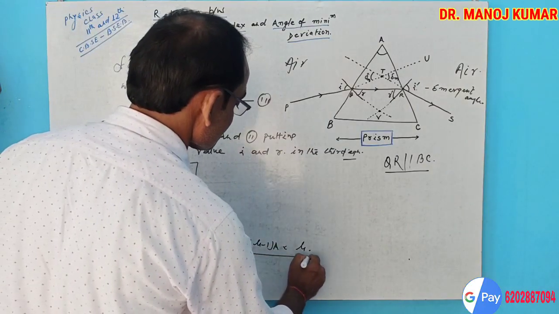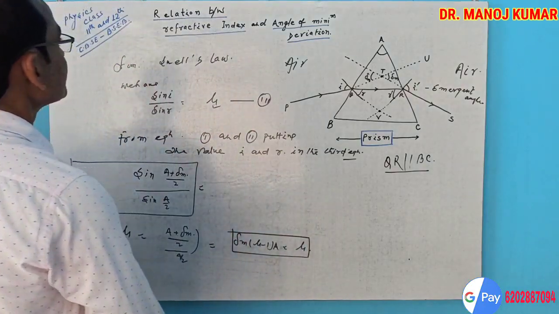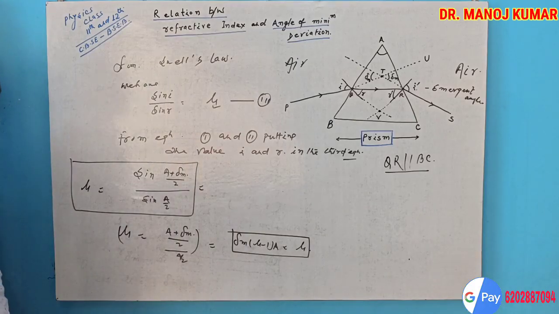This is the relation of refractive index and the angle of minimum deviation from a prism.